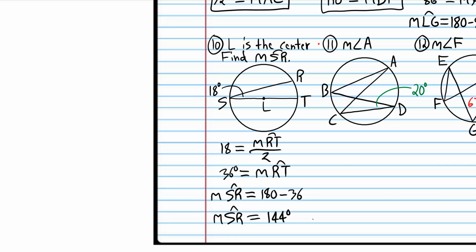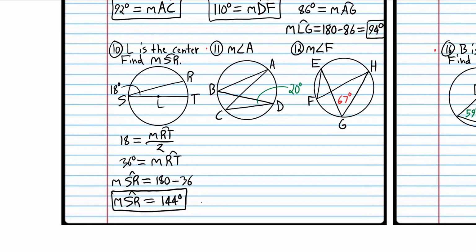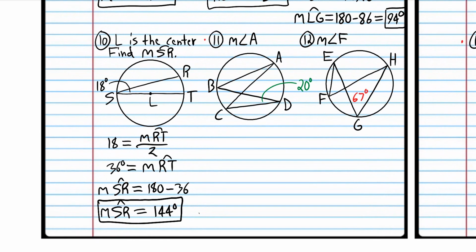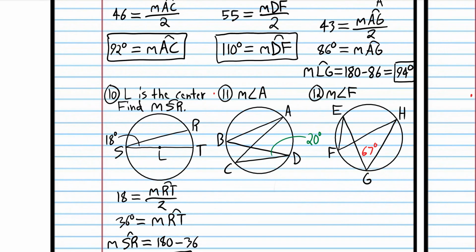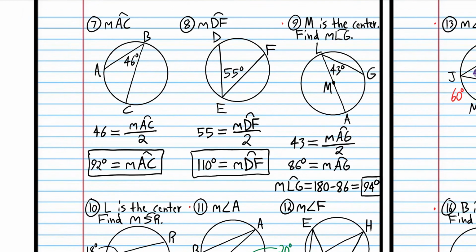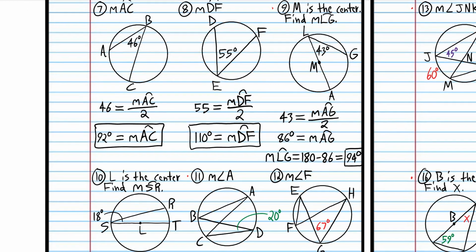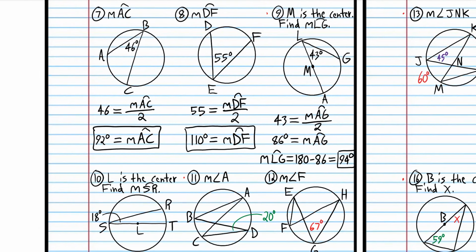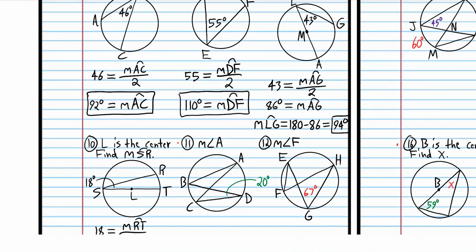So if you got 144 degrees, good job. Be sure to write degrees. Again, these are just specialty problems using the inscribed angle theorem. Those are special because one of the sides of the inscribed angle is actually a diameter.